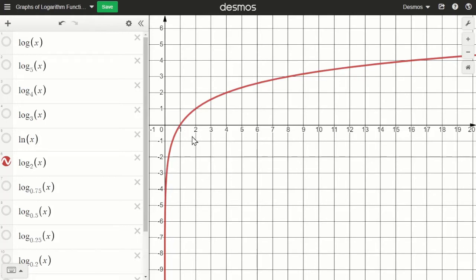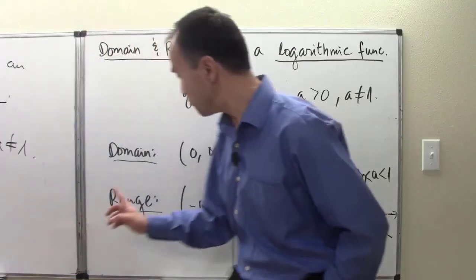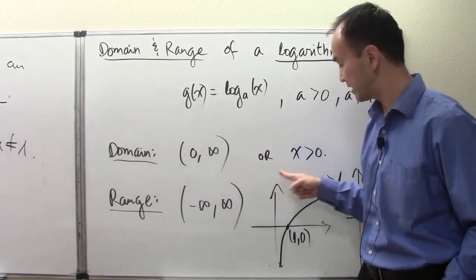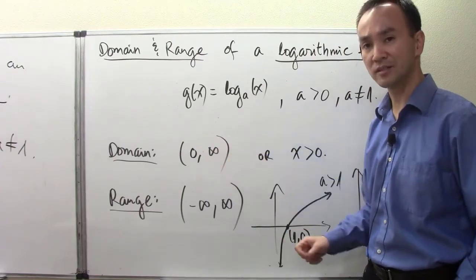It has an intercept on the x-axis at (1, 0), and it stays completely to the right-hand side of the y-axis. The shape of the graph is a curve rising from the left to the right. Being completely to the right-hand side of the y-axis is consistent with the fact that the domain of any of these logarithmic functions is between 0 and positive infinity.